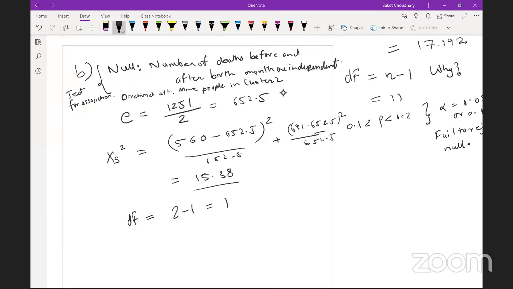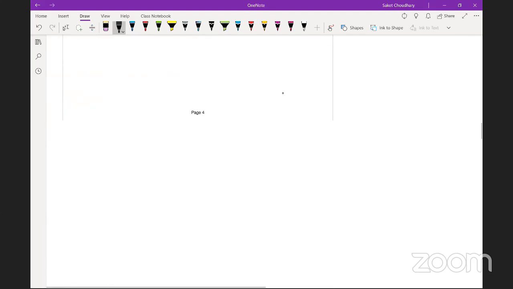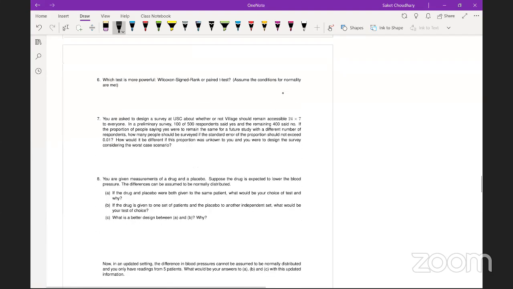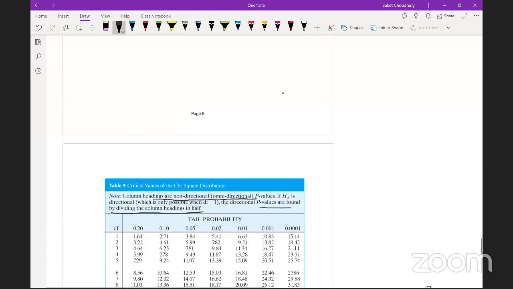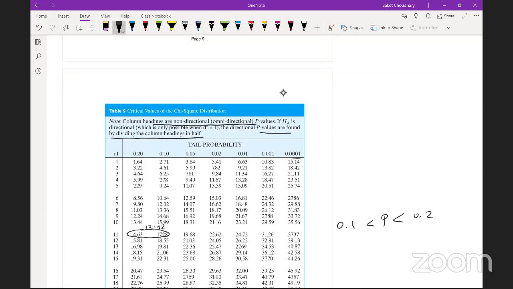If you look up this value on table 9, which is down here, 15.39 is going to be beyond this value, which tells us that the two-sided p-value is less than 0.01.